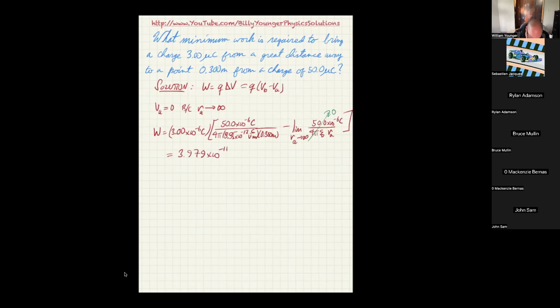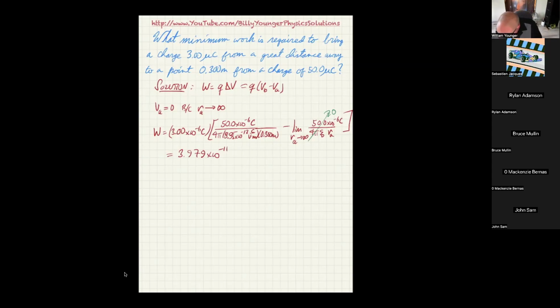Now, in this case, notice one of the coulombs cancels out. I get a volt times a coulomb, which is a joule, and the meter cancels out. So this is actually 3.79 times 10 to the negative 11th joules.